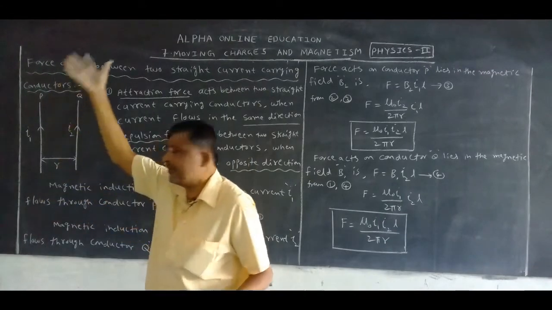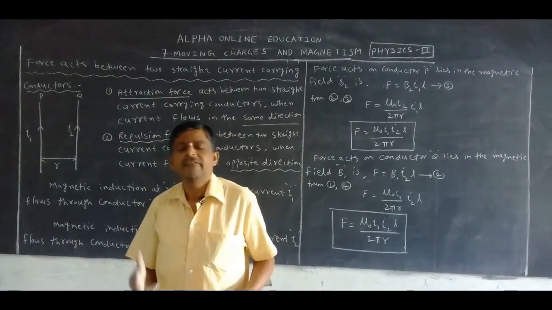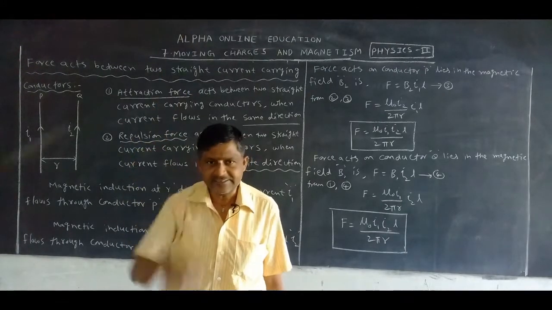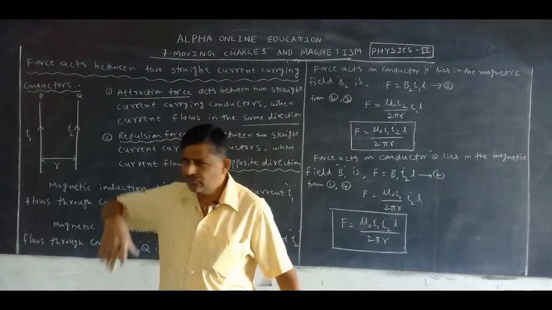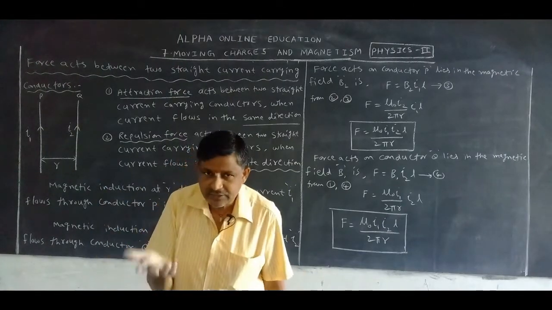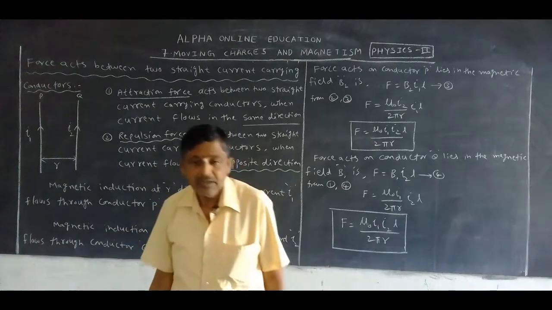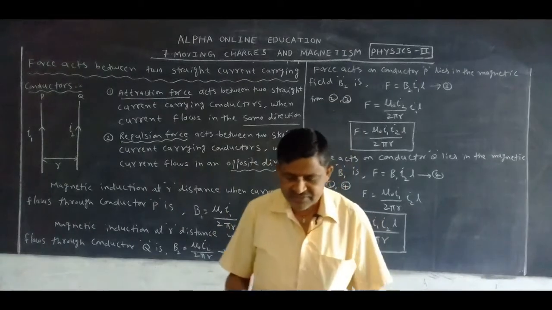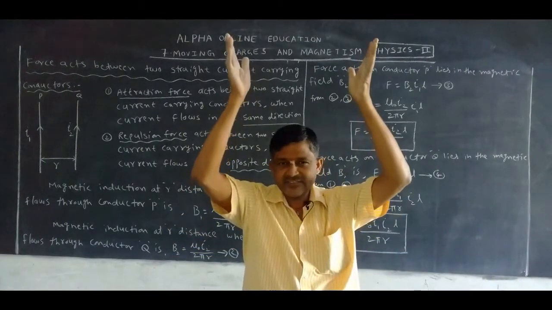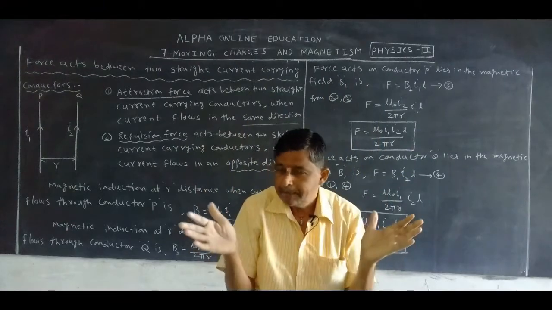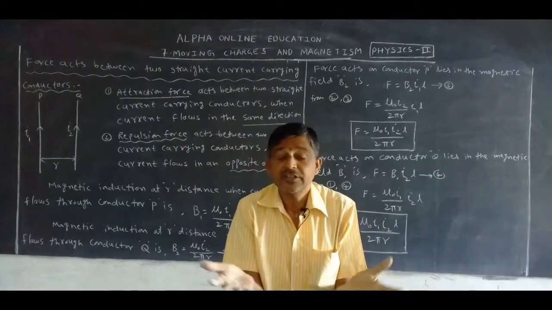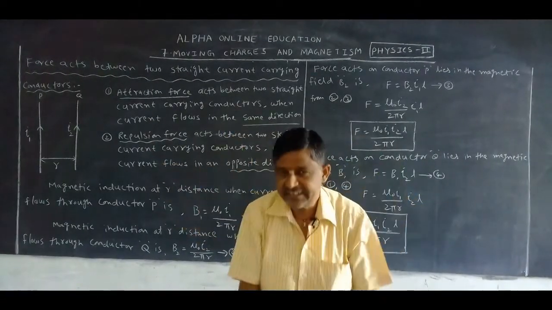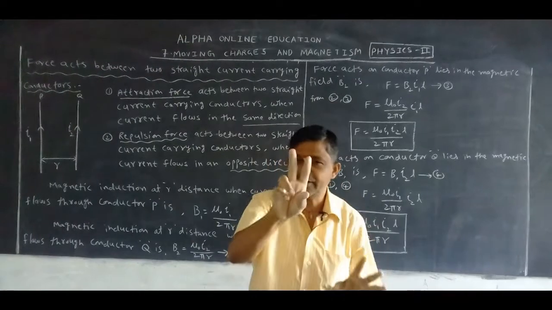When the current is passing through two straight conductors, a force acts between them, but that force may be an attraction or a repulsion. When it is attraction and when it is repulsion is important for 2 marks.